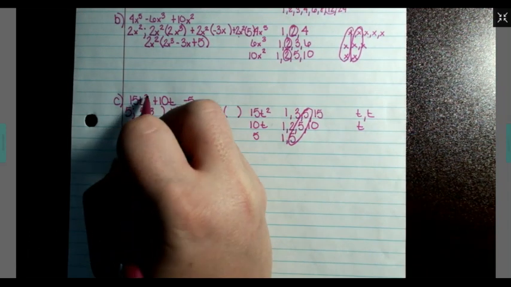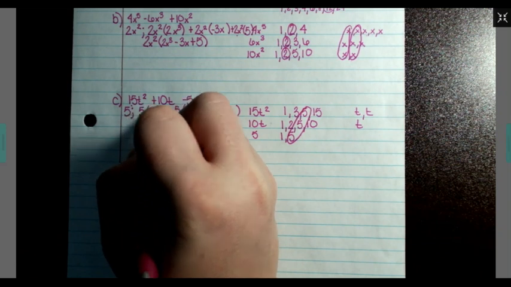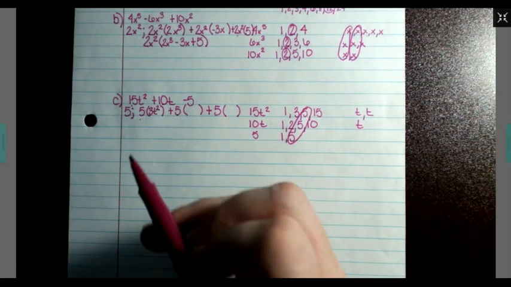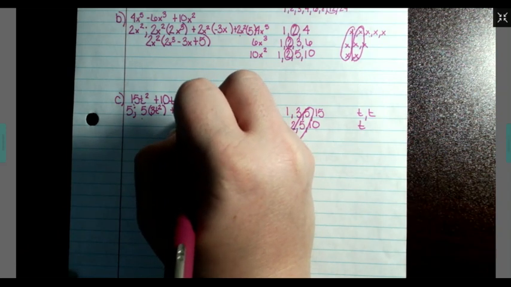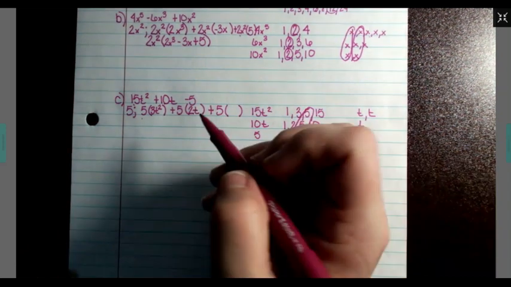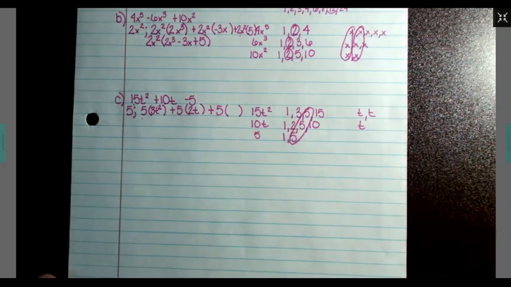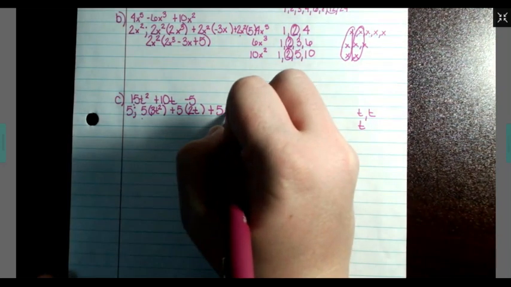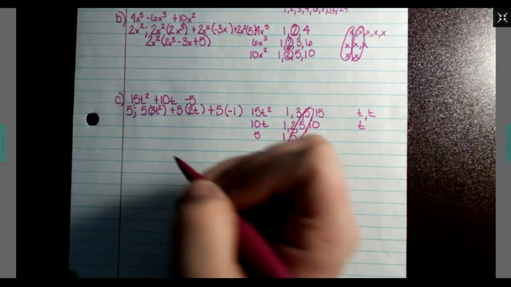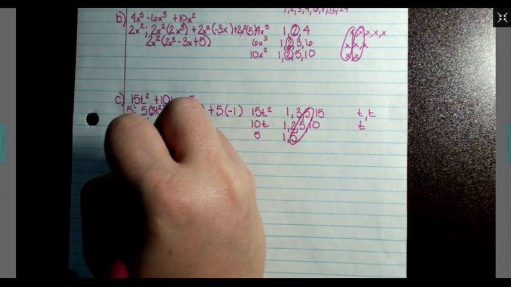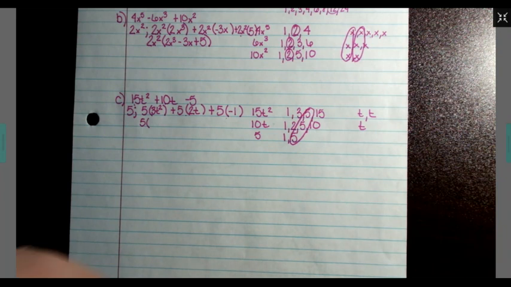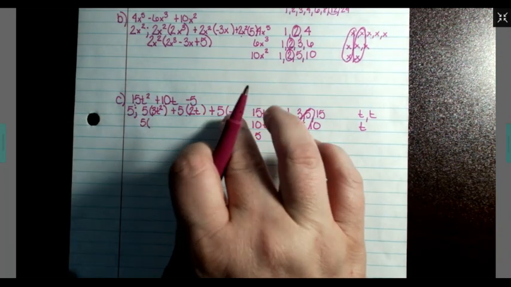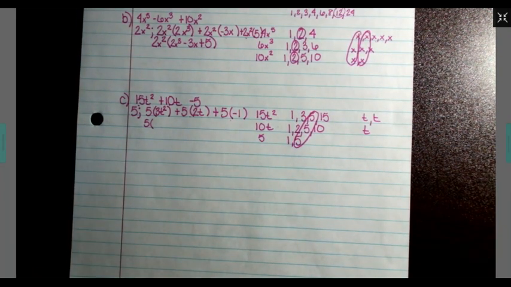And I have t squared still. 5 times what gives me 10? 2. And I have t. 5 times what gives me -5? That would be -1. So notice how we had the 5 in every one of the terms that could be factored out. And now we put our factors back together as one polynomial.